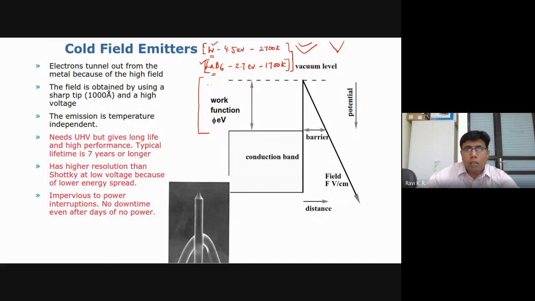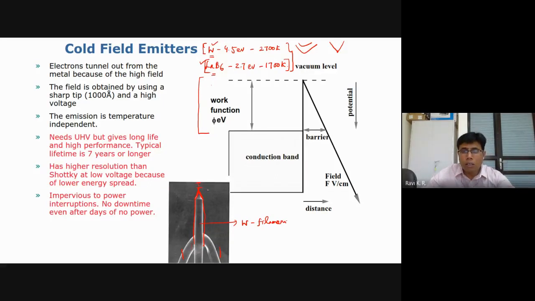In a field emission gun also, we use the same tungsten filament here. But the only difference is that, as you can see, it is very sharp at the tip. We discussed in the last class the reason for a sharp tip. Basically, when you apply voltage between these two regions, electrons accumulate, and the electron density significantly increases at the sharp tip, so electrons come out with a small bias.